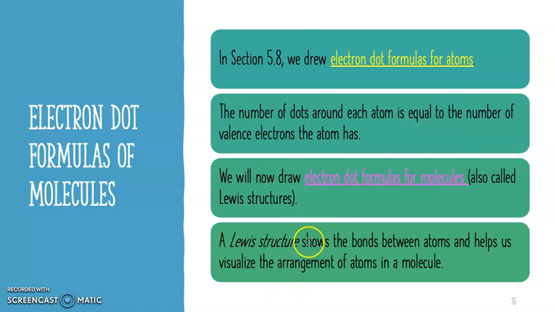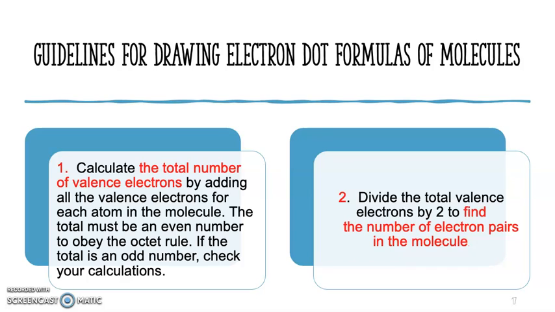A molecule is made up of atoms. A Lewis structure shows the bonds between the atoms, and it helps us visualize the arrangement of atoms in a molecule. There are 4 steps to drawing the Lewis dot structure of molecules. Step 1: calculate the total number of valence electrons by adding the valence electrons of each atom in the molecule. Step 2: divide the total valence electrons by 2 to find the number of electron pairs.